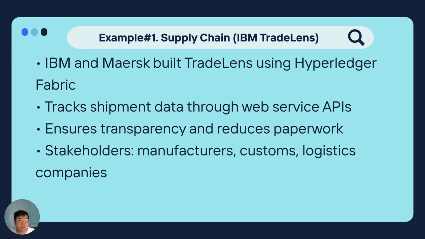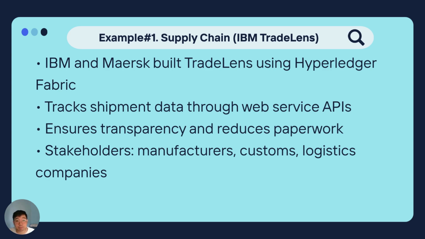Our first real world example is the IBM TradeLens, developed by IBM and Maersk. TradeLens uses blockchain technology to track shipping data and documents across the international supply chain. Through the web service APIs, shipping companies, customs, and ports can upload and view shipment details on a shared blockchain ledger.